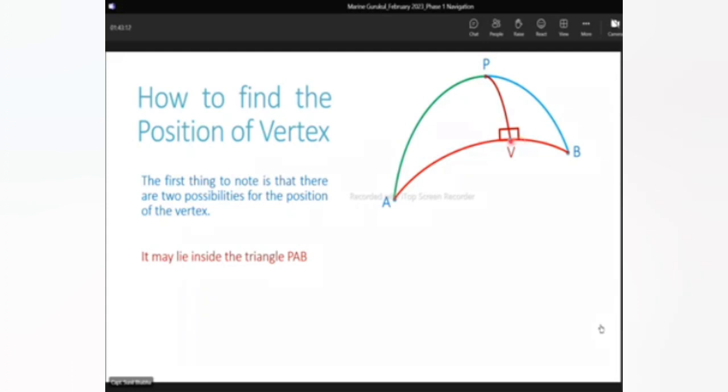So this tells us that the angle at the vertex, PVA or PVB, both these angles are going to be 90 degrees. I'll repeat once again. We know that all the meridians run in the north-south direction. We know that the great circle track lies in the east-west direction at the vertex.